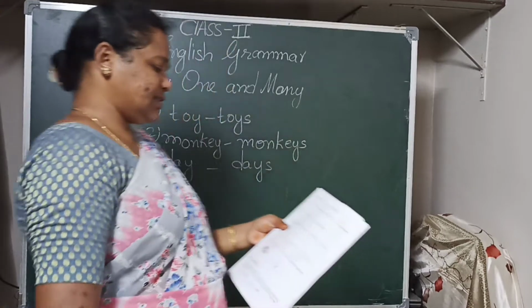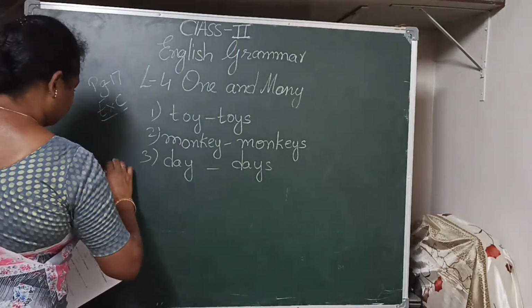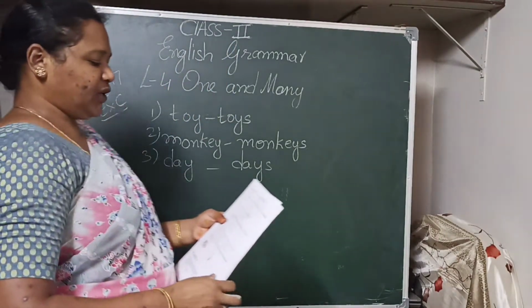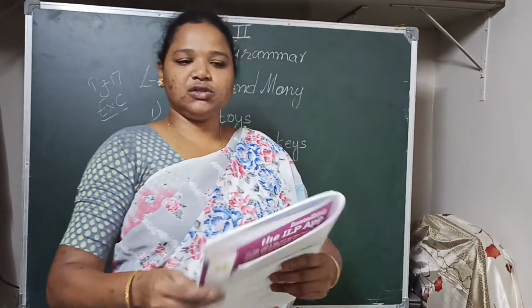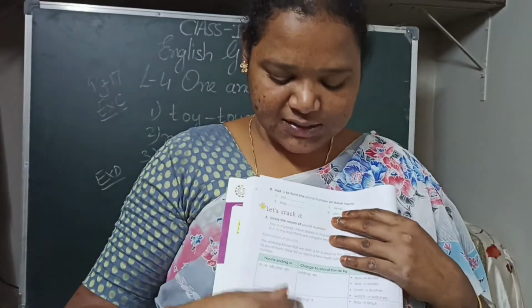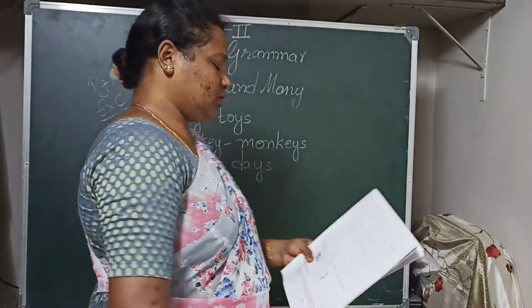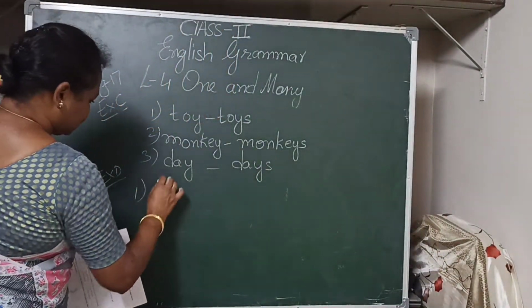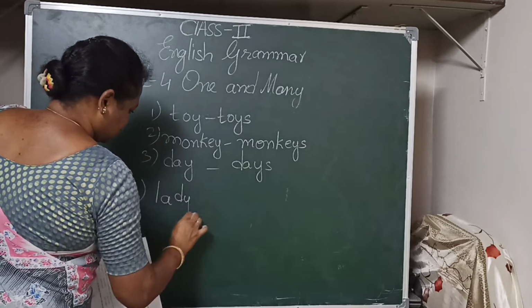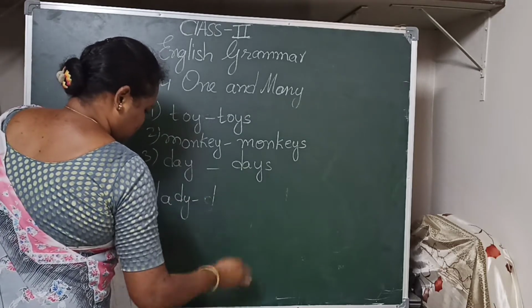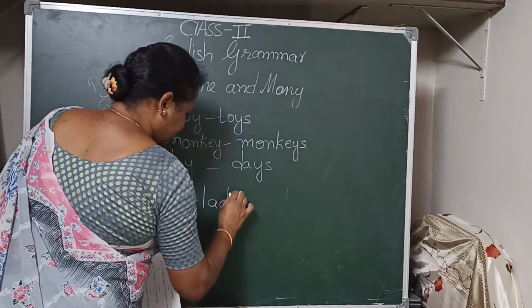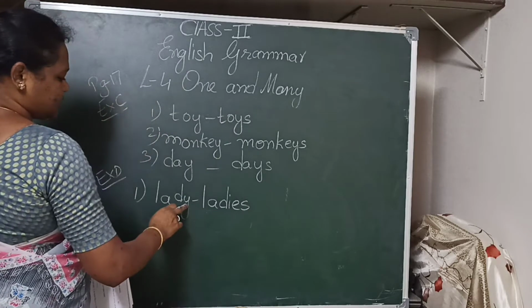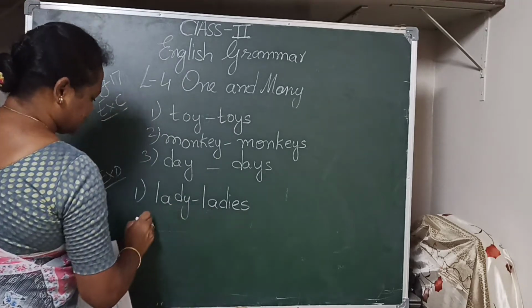The next exercise, exercise D on the same page. So put I in the place of y and add es to form the plural forms of these nouns. These exercises are related to this table. Okay children, got it? First one is lady. The plural form of lady is ladies. In the place of y we added I and es.